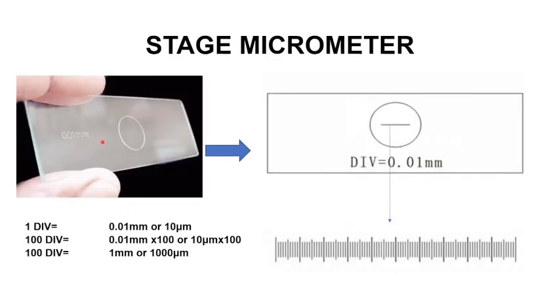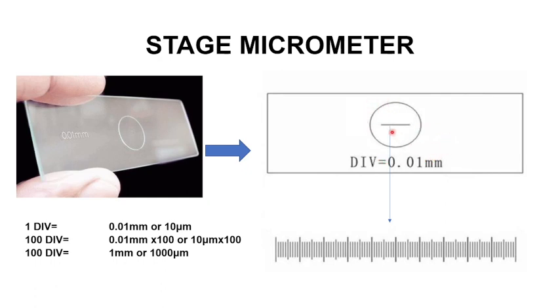This is the stage micrometer, and you can see written over here 0.01 millimeter. Basically, this 0.01 millimeter is the distance between two lines, I mean one division of the stage micrometer. When you see this stage micrometer with the naked eye, you can observe it in this condition.